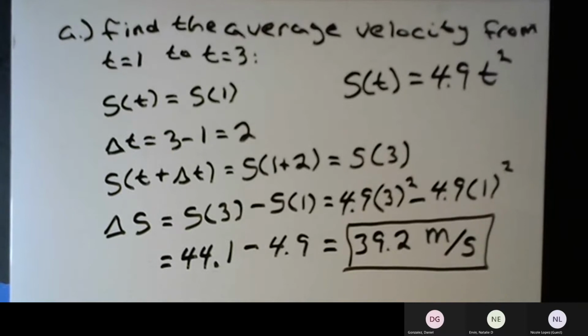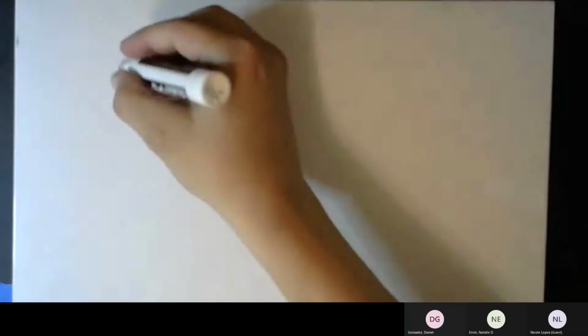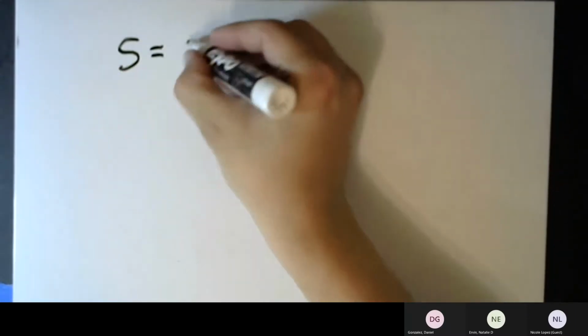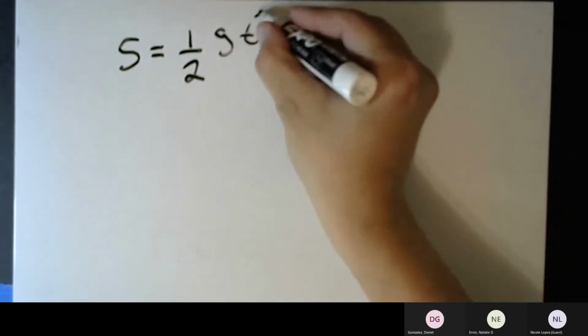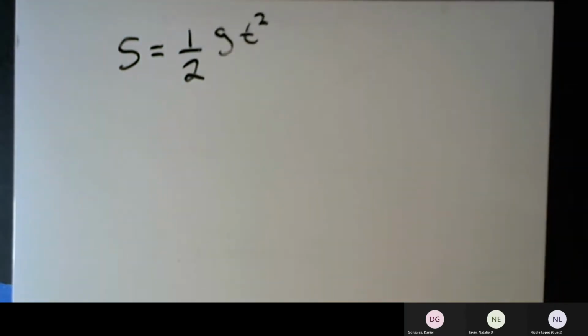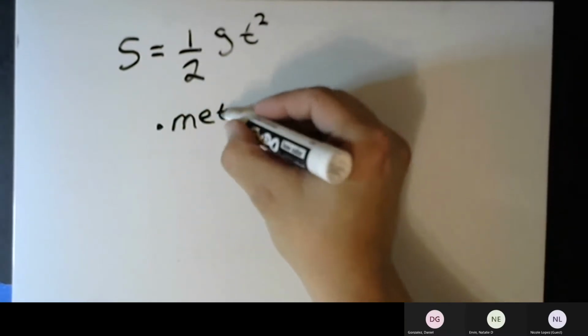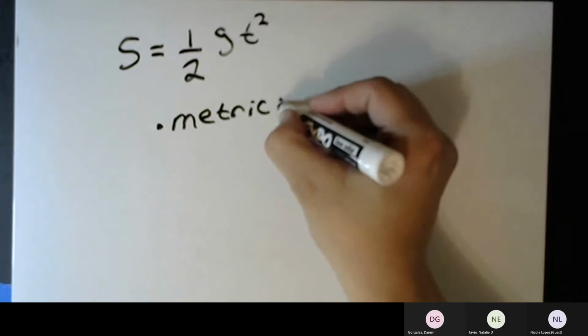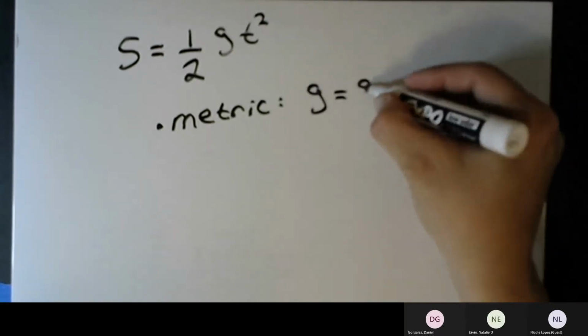What it really is, and I'll go into this formula a little bit more, the actual formula is 1/2 g t squared. And g, for the metric system, so if you're using meters instead of feet, g is 9.8.